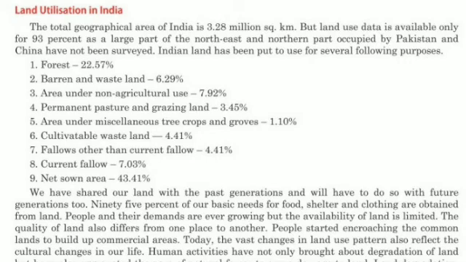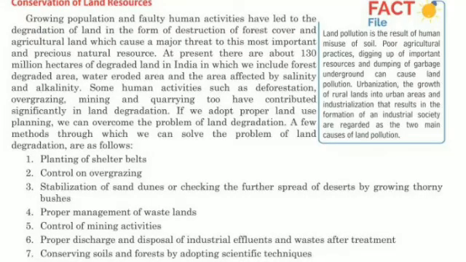So, what is the land utilization? Forest 22.57%, barren and wasteland 6.29%, area under non-agriculture use 7.92%, and permanent pasture and grazing land is 3.4%.